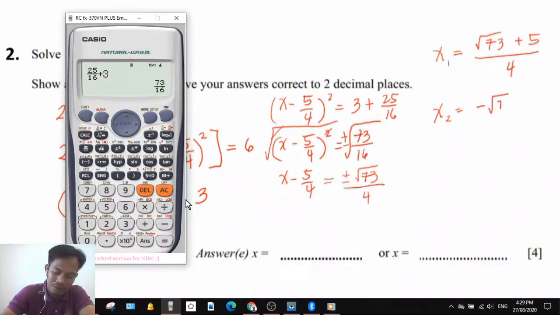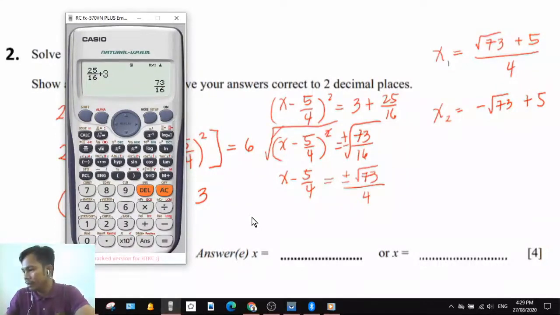So x sub 1 is 3.39, and x sub 2 is equal to negative 0.89.